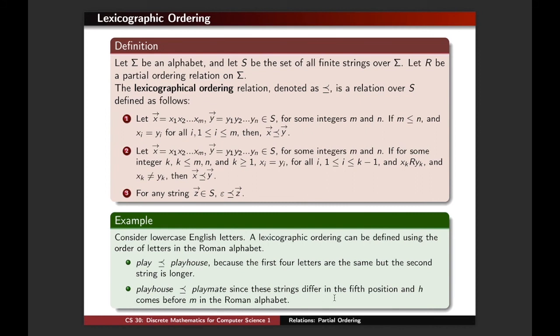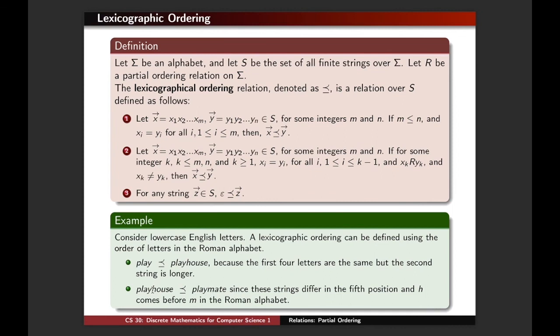Since these strings differ in the fifth position and H comes before M in the Roman alphabet. So this is because of item number 2, right? In this case, playhouse and playmate have the same symbols for the first 4, so they both have play.